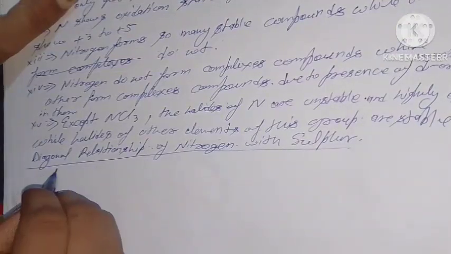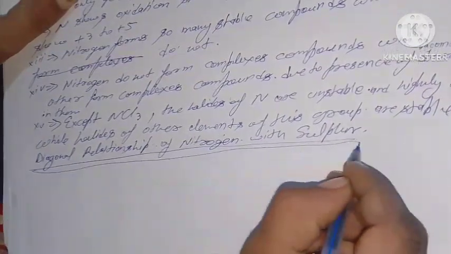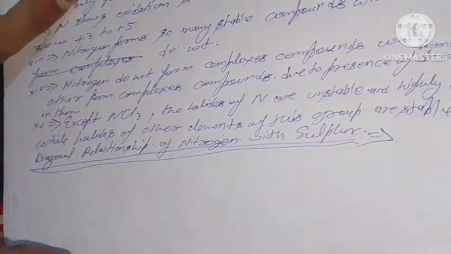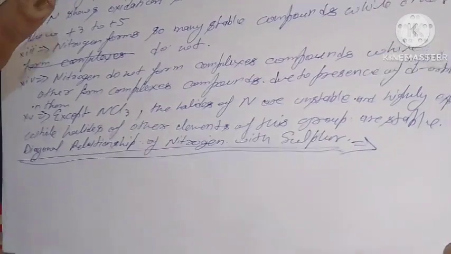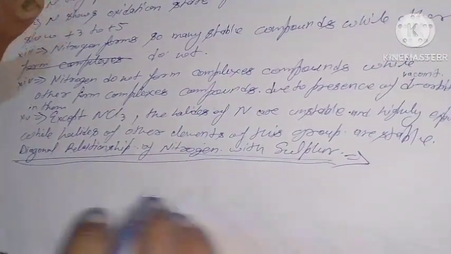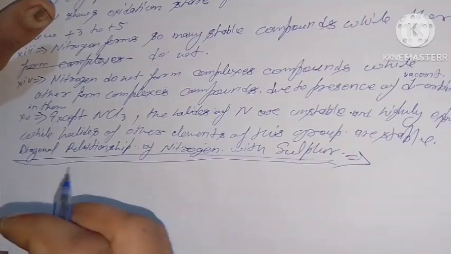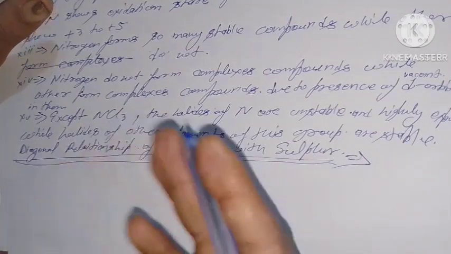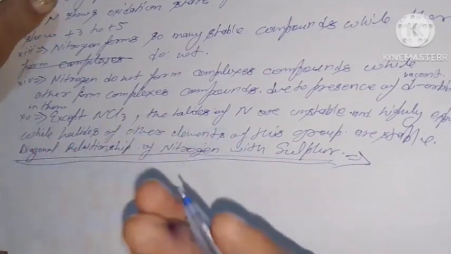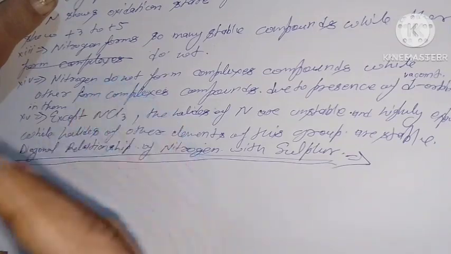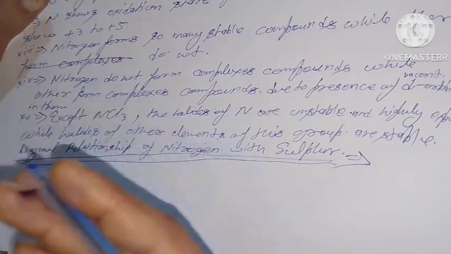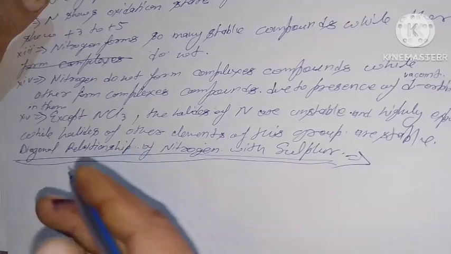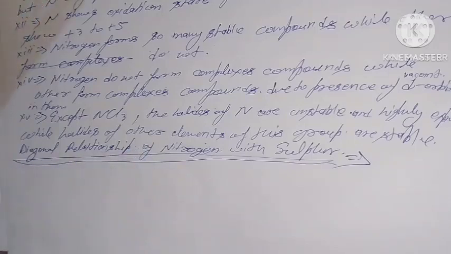The elements of the second period of the periodic table show many similarities with the elements of the third period. This relation is known as diagonal relationship. This is due to the same value of ionic potential and electronegativity.